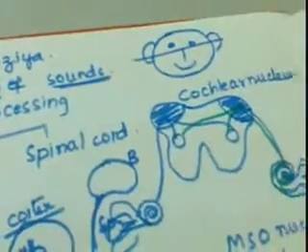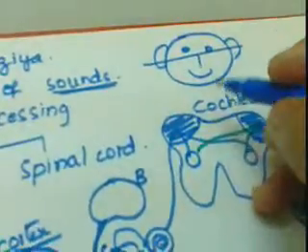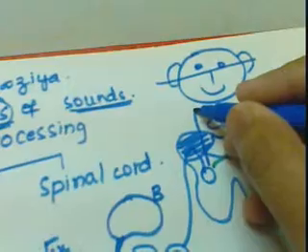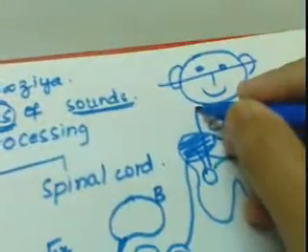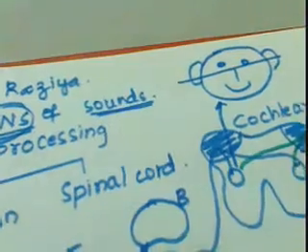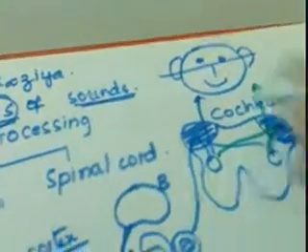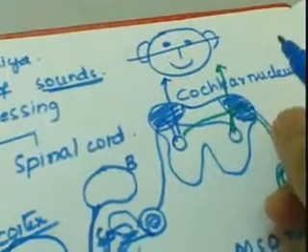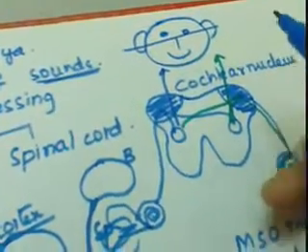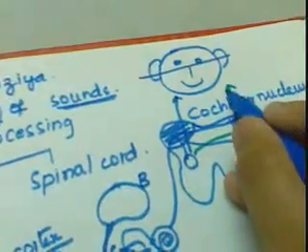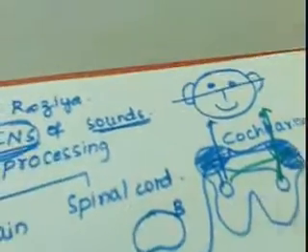From here the information will go to higher centers, from this side also, and even from the cochlear nucleus the information will go to higher centers of both sides.